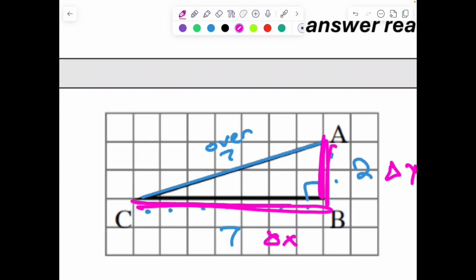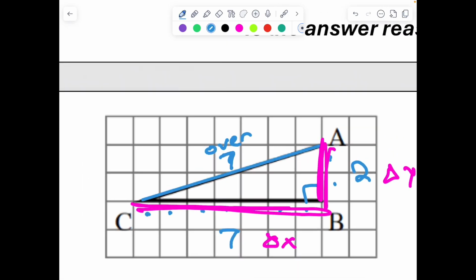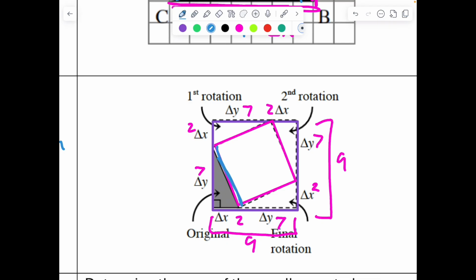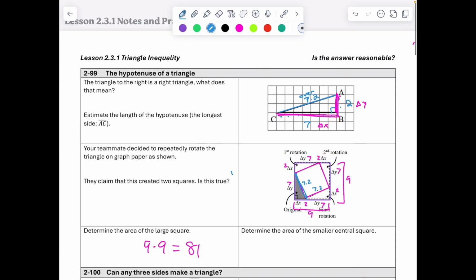Okay? Now we said this was a little over 7. Let's say 7.2 or something. Okay? That's the hypotenuse of each triangle. So let's say 7.2, 7.2. So base and height of that small triangle, 7.2 times 7.2 is about 51.84.